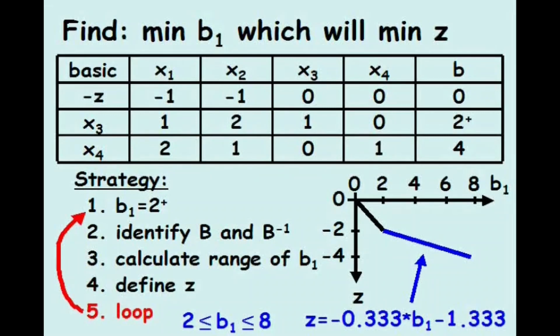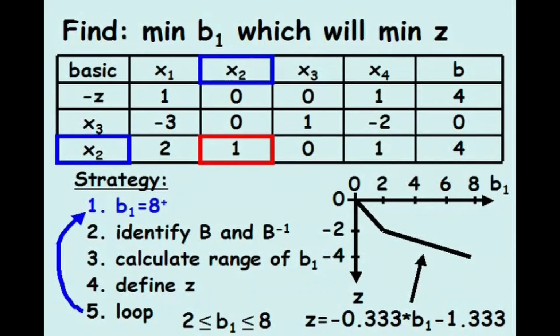Next, we'll set b1 equal to a value slightly greater than 8, denoted as 8 plus. Using the simplex method, variable x2 will enter the basis in place of x4, and after pivoting about variable x2, a unique optimal solution is found.